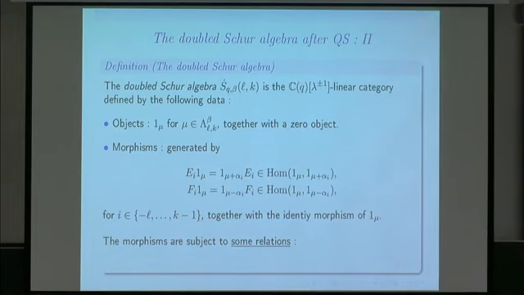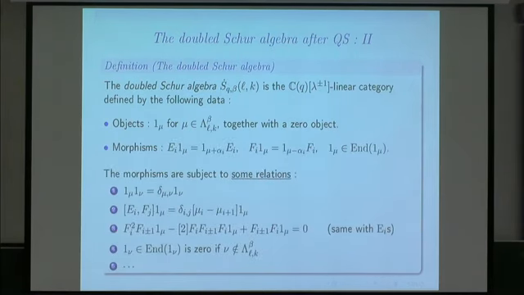You can see that they are in bijection with the weight lattice together with the zero object. Morphisms are generated by E's and F's as usual. And you know that E i moves from the mu weight space to the mu plus alpha i weight space. That's what's written here. And F goes the other way around. We consider the identity, and then as usual we impose relations.